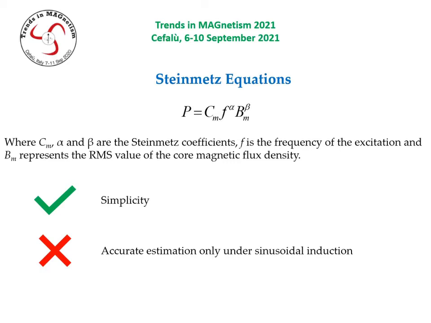So the cases of application are very limited, in particular in power electronics, where the current can very often have a waveform different from sinusoidal. So this is quite an important limitation.